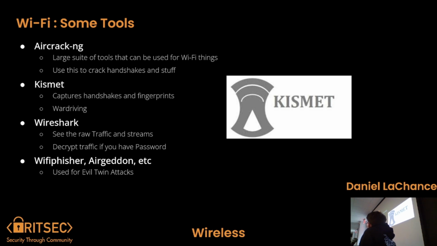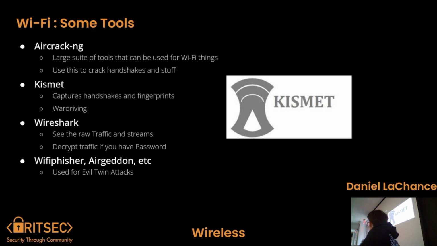You can do all sorts of things. And then Kismet captures handshakes and fingerprints. All of that data that I mentioned for war driving was probably captured from Kismet, since Kismet pipes directly into wigle.net. They have a really good interface, and you can see a lot of stuff in it.